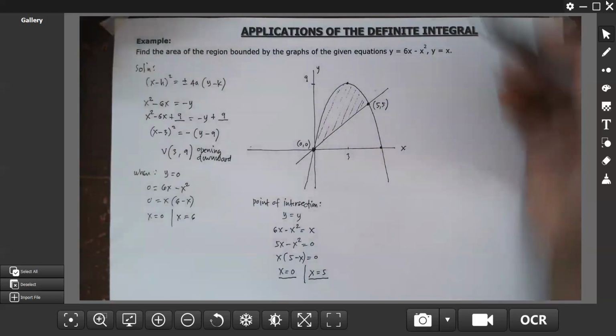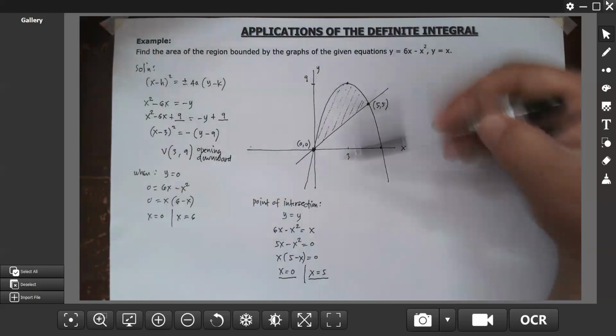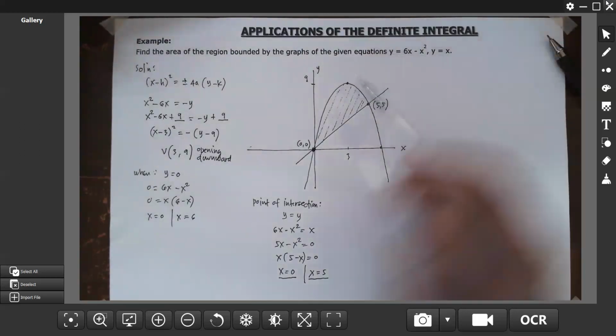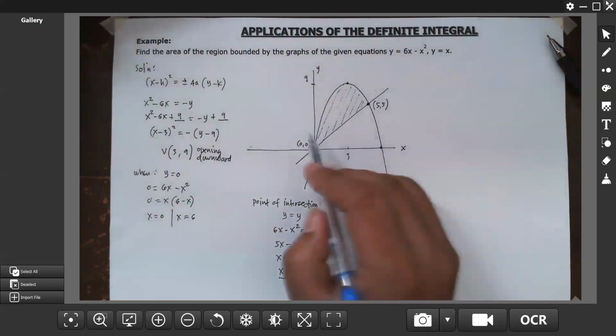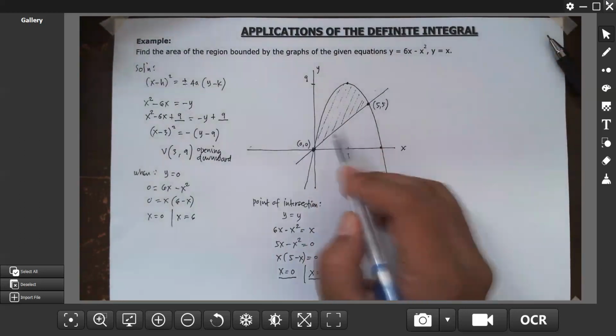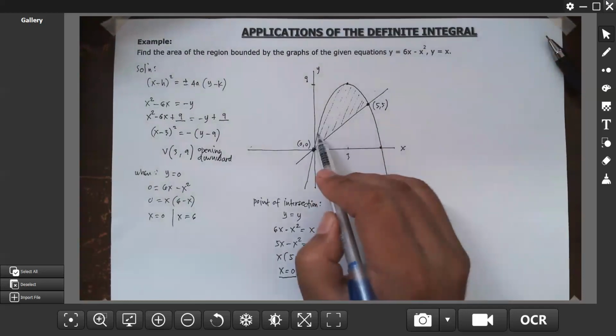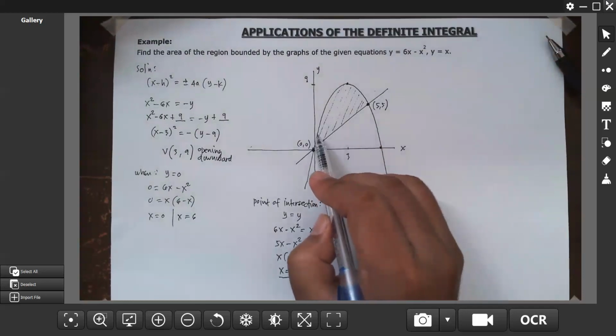Now, based on the graph, we can only use a vertical rectangular strip, because if you use a horizontal strip, in the lower part, the bigger value is the line, the smaller value is the parabola.